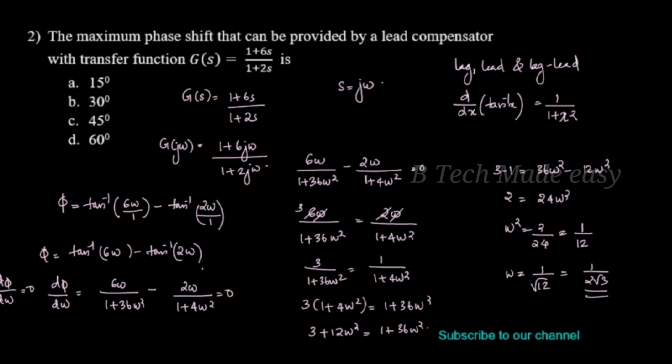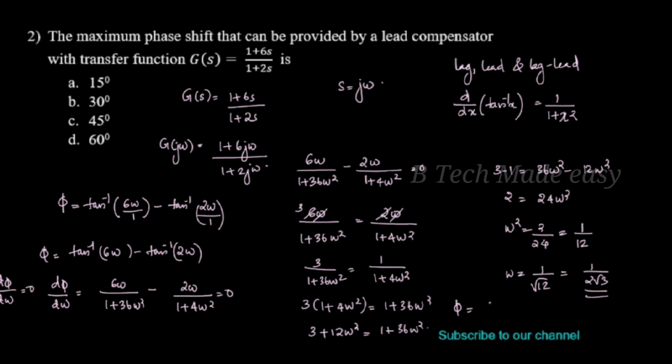But we have to find out the phase shift, or φ. So in order to find the value of phase φ, you have to substitute the value of ω in this equation.